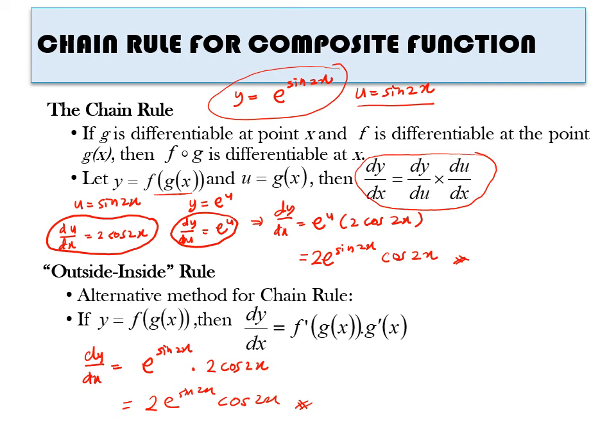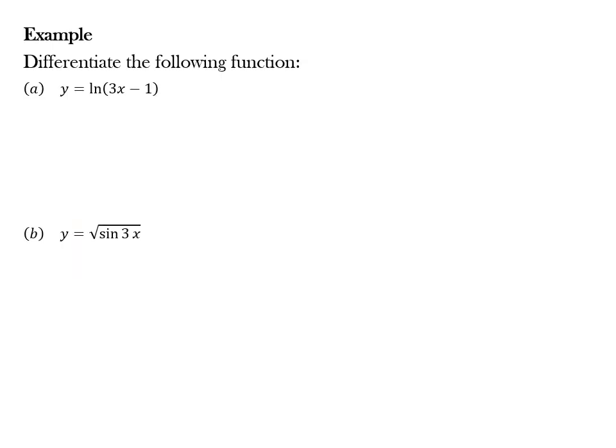Okay, so let's look at more examples. Now we want to differentiate the function y equals ln(3x minus 1). Normally we have only ln x, ln 2x, ln 4x, but now we have ln(3x minus 1). So this is called a composite function.